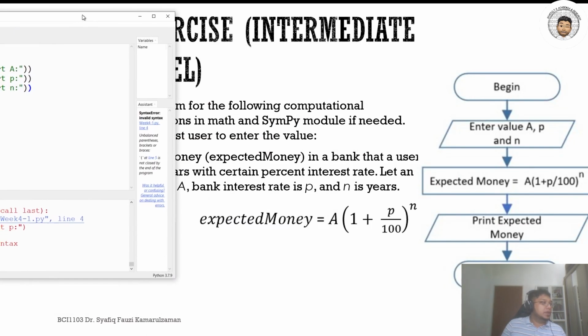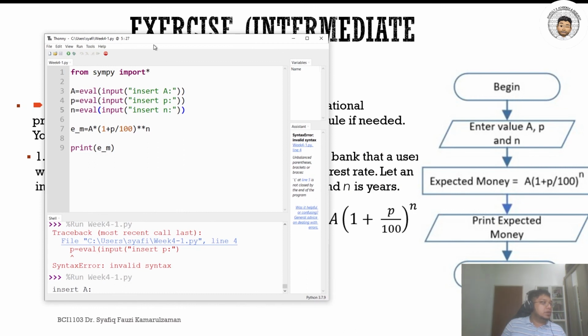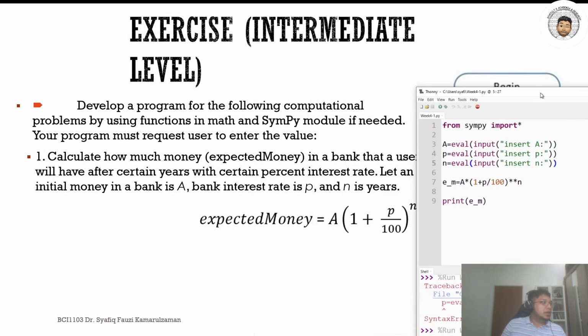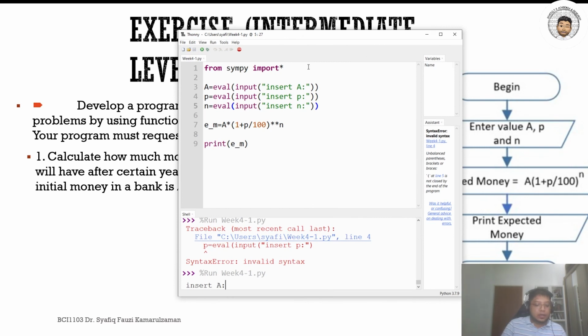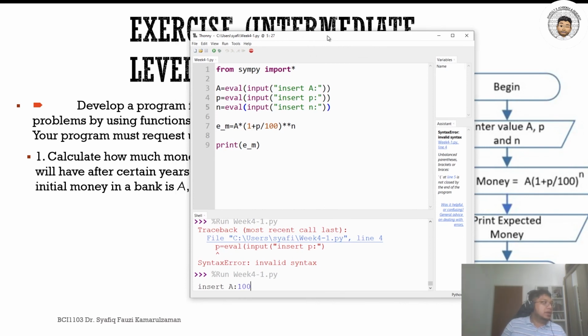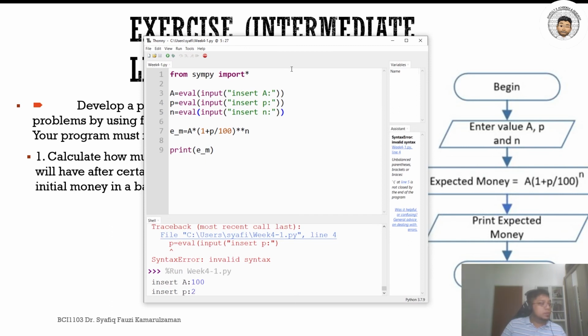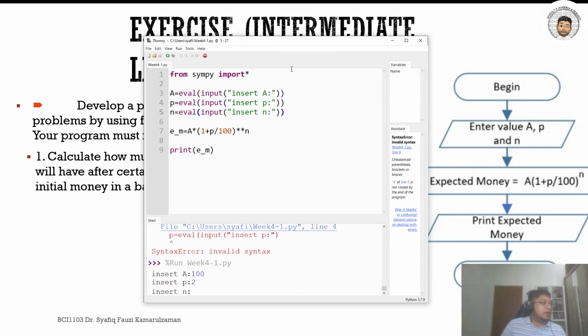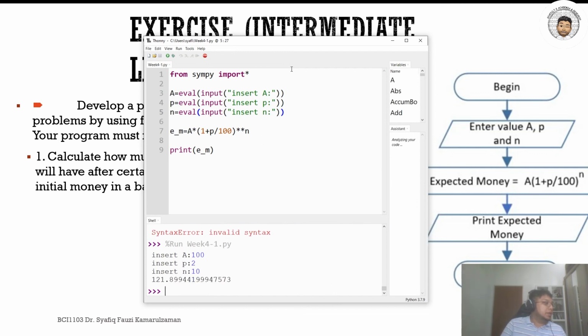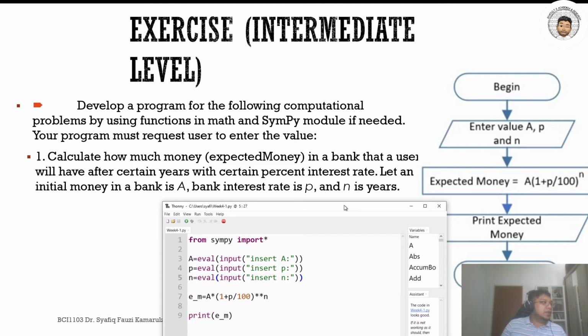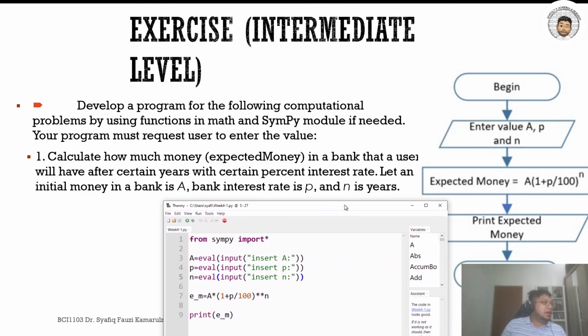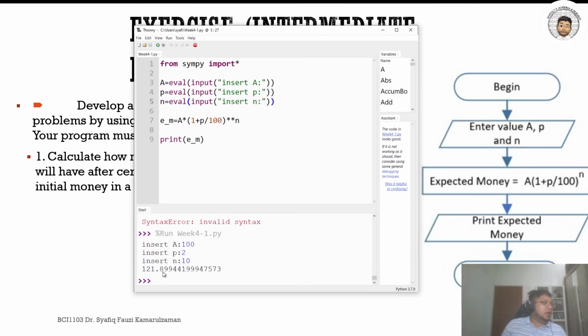No. So you say A is initial money in the bank. Let's put it 100. P is interest rate, 2. And then N is years, 10. So at the end, the expected money that you get after 10 years is 121.89.